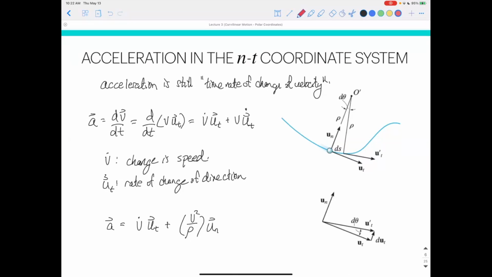Then we break these up and call them our tangent component of acceleration and our normal component of acceleration. So a_t and a_n are just scalar values. They're just numbers. And when they're included with our unit vectors u_t and u_n, that gives us our acceleration vector a.